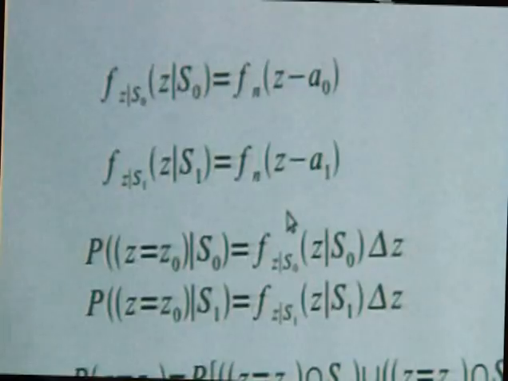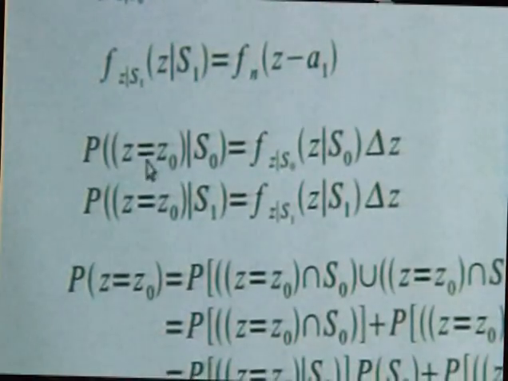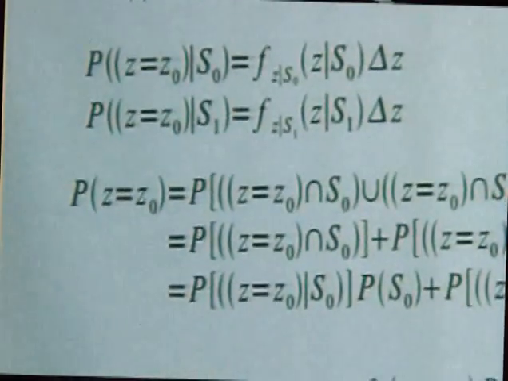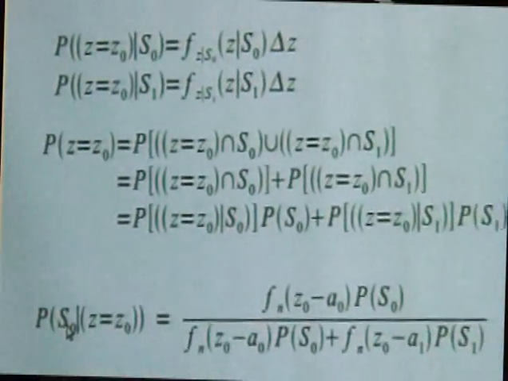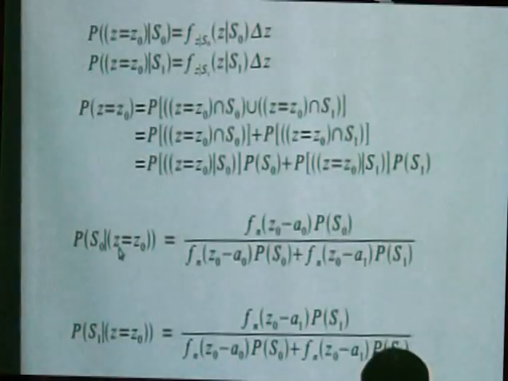And then you use that Bayes rule that I just went through, and the definition of the probability of Z equals Z0 given S1, and the probability Z equals Z0 given S0, these two definitions, and you put it together and you get the probability that an S0 was sent given we received this specific value Z0.